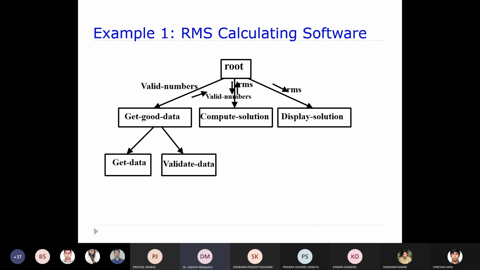Now again you can divide this compute solution into sub modules. That is up to you, the way that we have seen. But you need to identify whether these processings are doing similar sorts of activities or not. All similar activities will be part of a particular module.